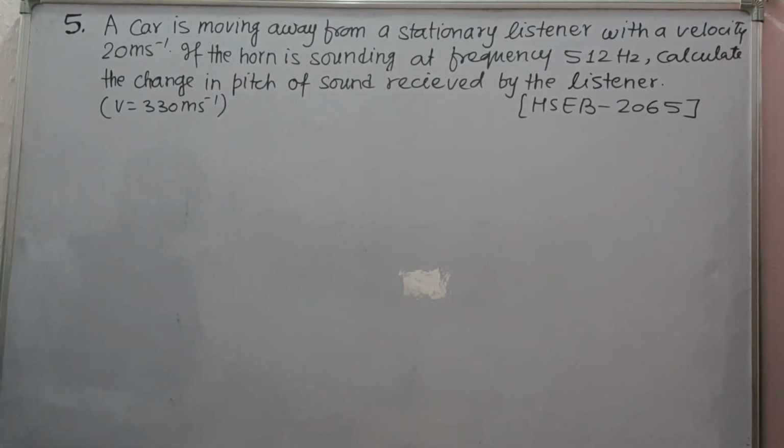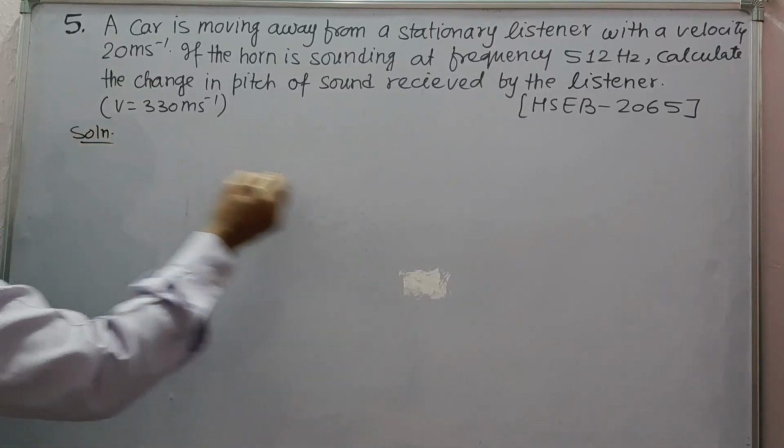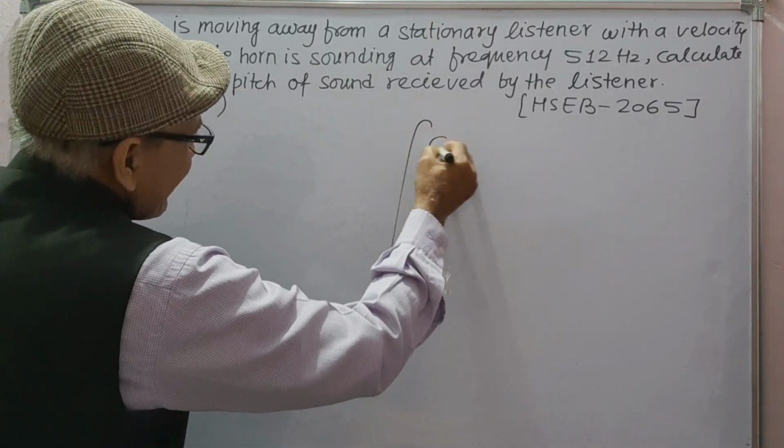Next, question number 5. A car is moving away from a stationary listener with a velocity 20 meters per second. If the horn is sounding at 512 Hz, calculate the change in pitch of sound received by the listener. Solution, here given.